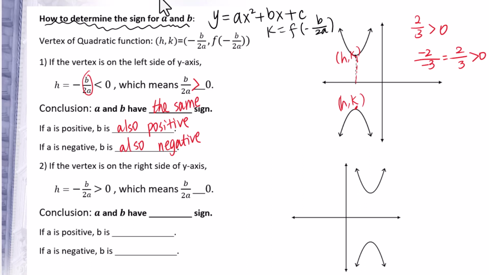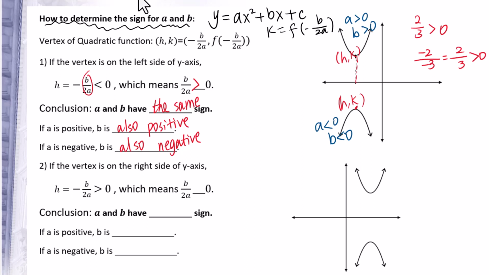For example, since a quadratic function opens down, a less than 0, b also less than 0. For this quadratic function, the graph opens up, a greater than 0. Since the vertex is on the left side of the y-axis, b also greater than 0.